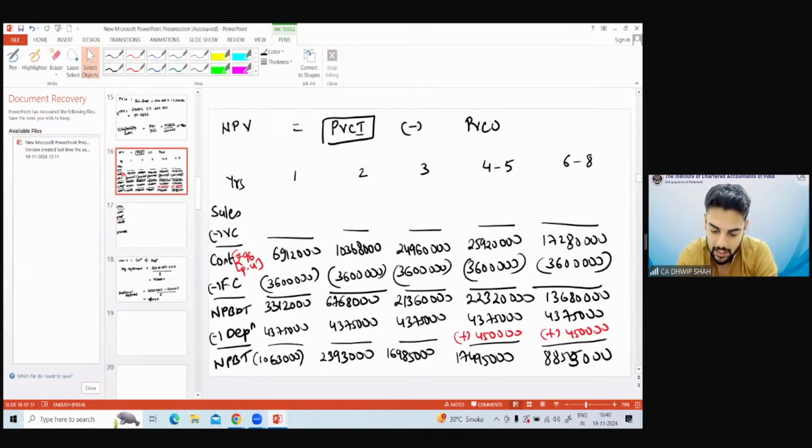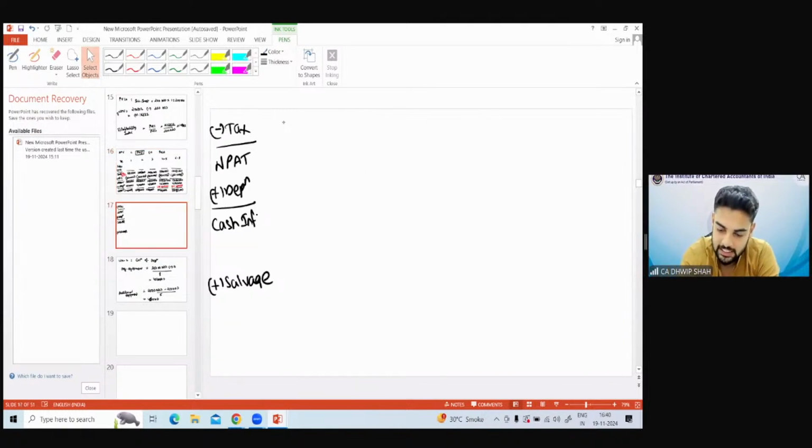Can I say in year one there is a loss of 1063? So do I need to pay any taxes in year one? Obviously not. When there are losses, how can you pay taxes? So NPAT would be negative 1063 for year one. Yes or no? And depreciation is 4375 for year one.